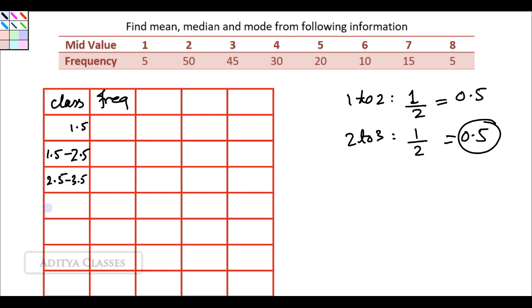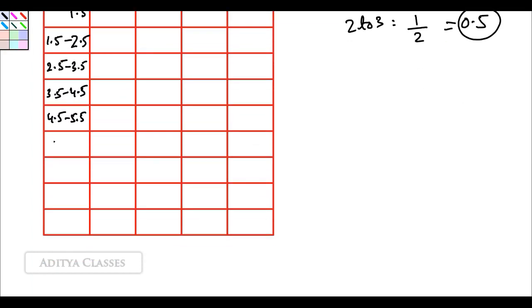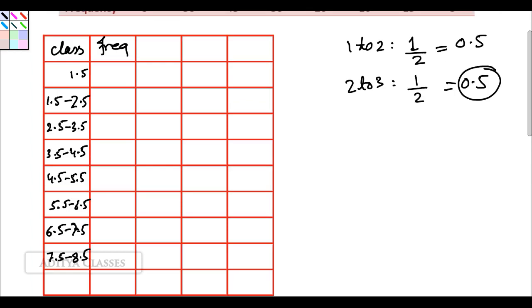3.5 to 4.5, 4.5 to 5.5, then we have 5.5 to 6.5, 6.5 to 7.5 and 7.5 to 8.5.